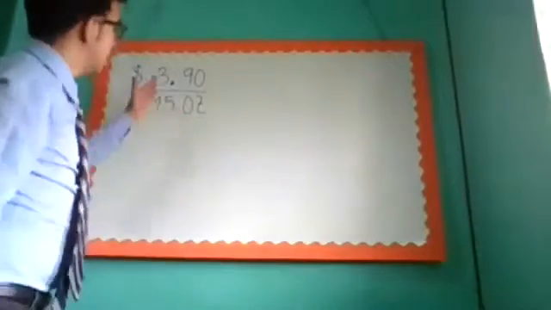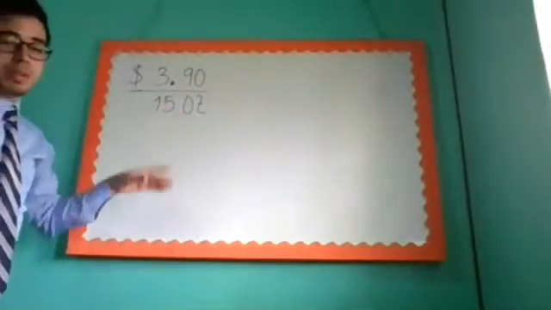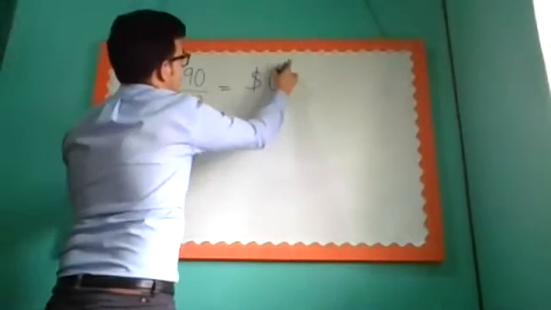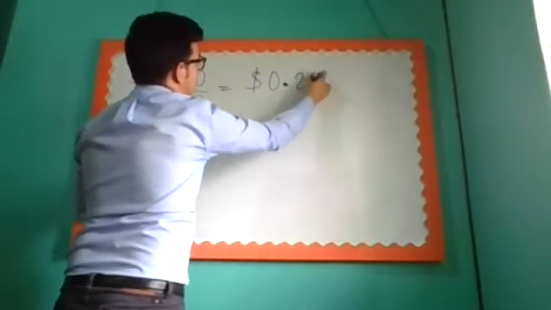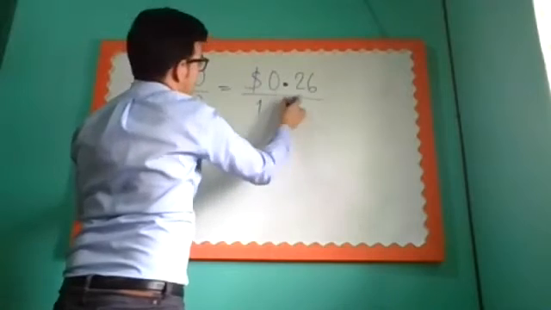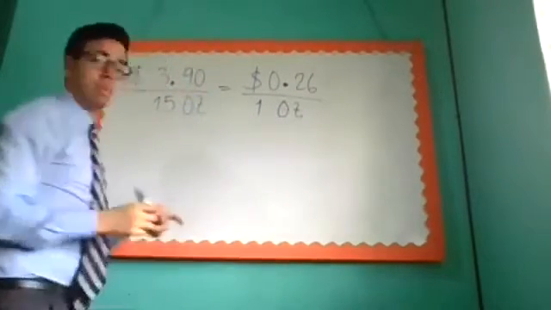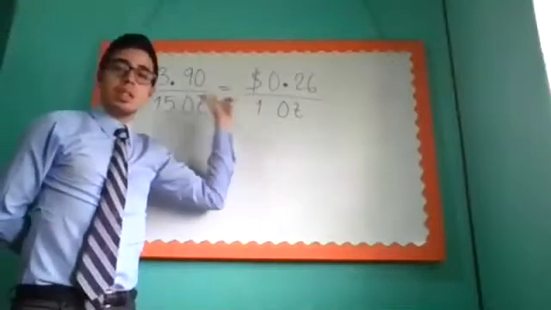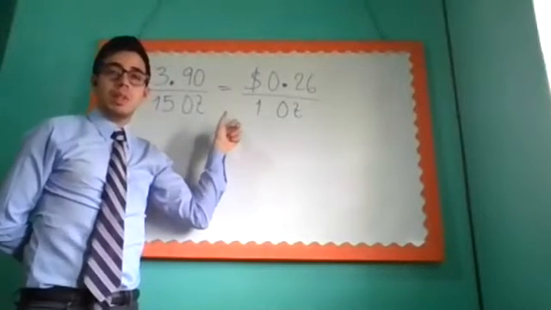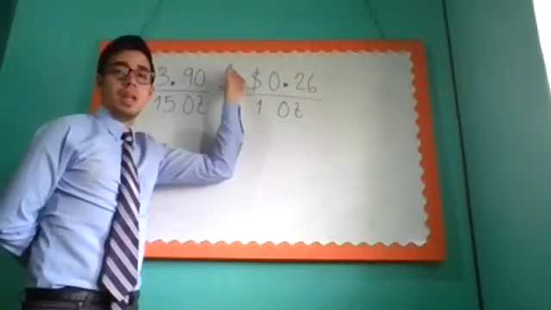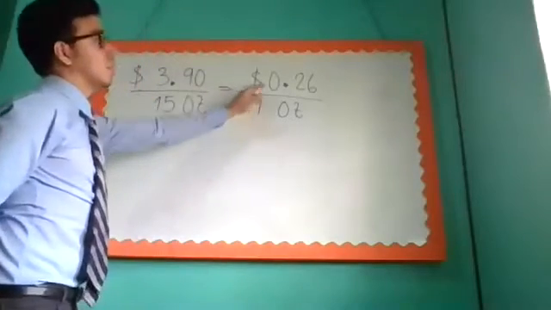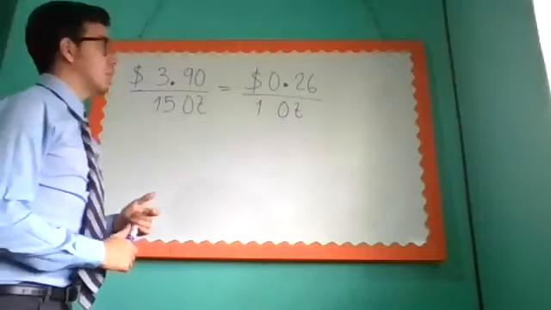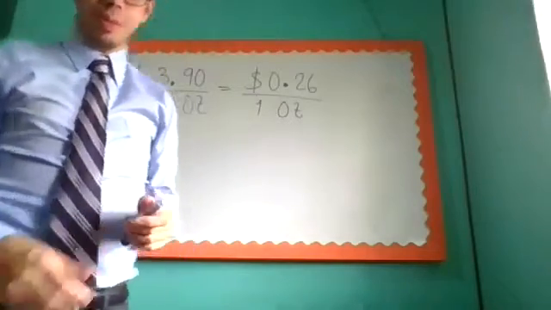And when you divide 3.90 by the 15 ounces, you are going to obtain 0.26 in 1 ounce. We need to obtain something like this to compare with the granola cereal. We have in here for the raisin cereal that it costs 0.26 for each 1 ounce. So we need to compare it using the same for the other one.